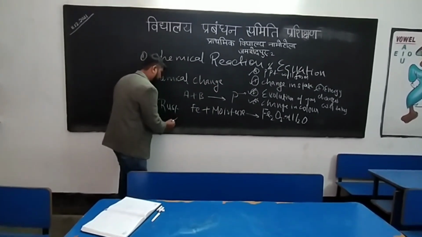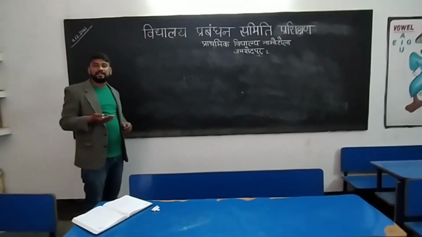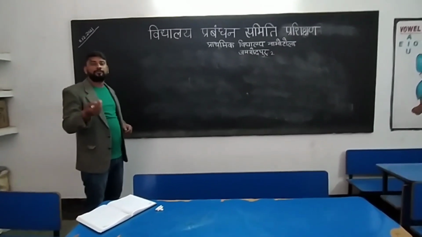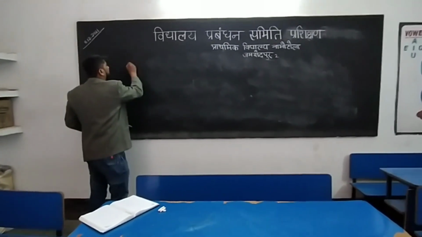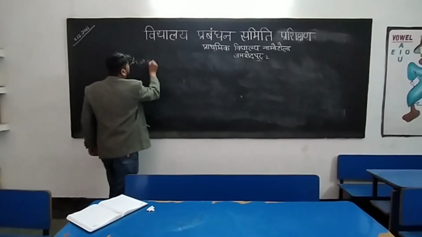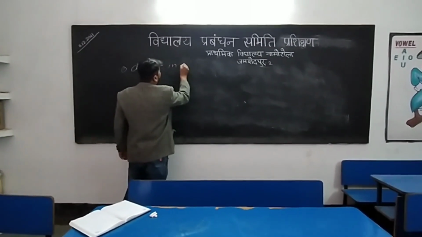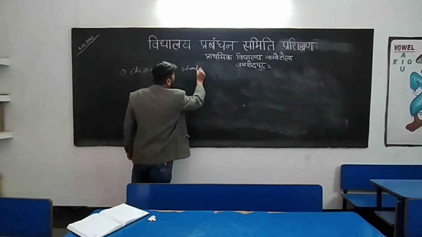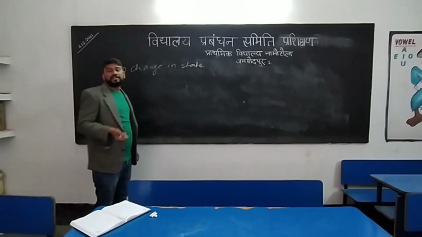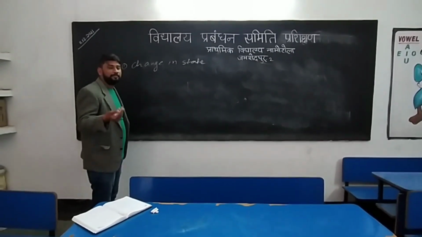As I said, chemical reactions can be identified by the following things, that is, the change in state. If there is a change in state from the reactant to the product, we say that a chemical reaction has taken place.